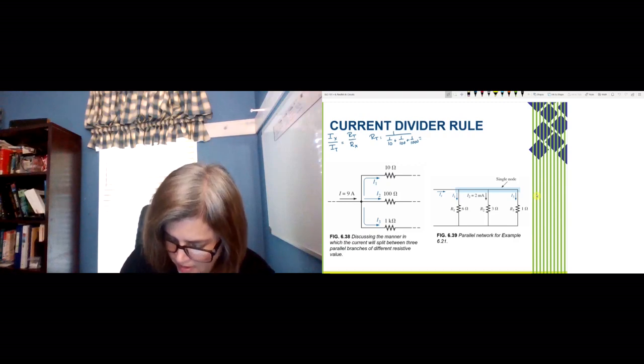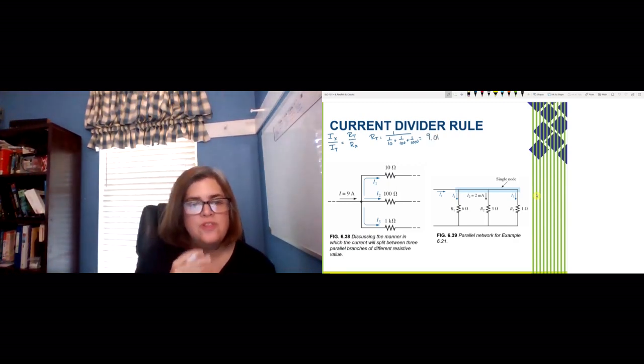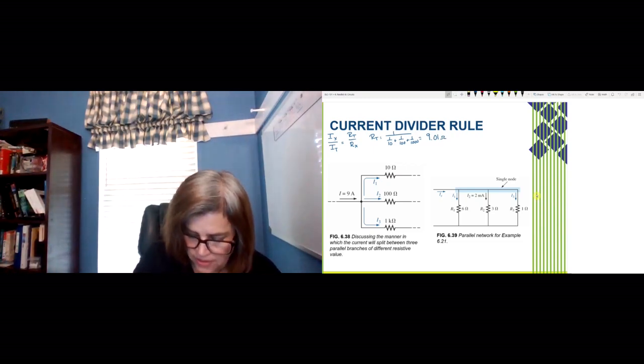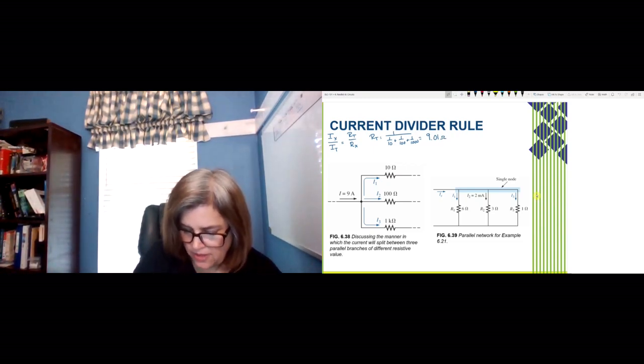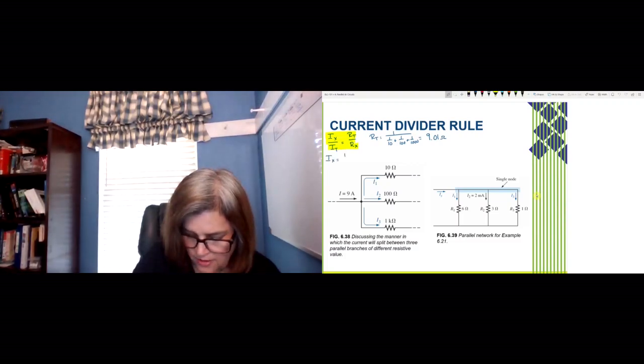So I get about 9.01 ohms or something close to that. So if I multiply both sides of my relationship equation by IT, I get that Ix is equal to RT over Rx times IT.